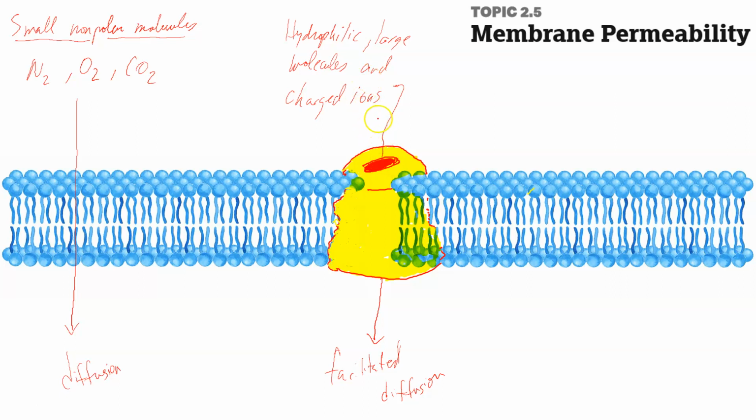We'll talk about how this works later on as far as how concentration gradients work, things like that. But know that hydrophilic large molecules such as sugars, glucose, etc., and charged ions, things like sodium, Na plus, potassium, things like that, are the things that need some sort of channel protein to get through.